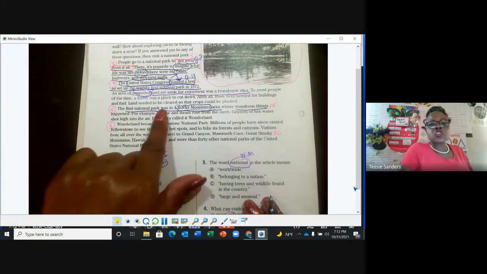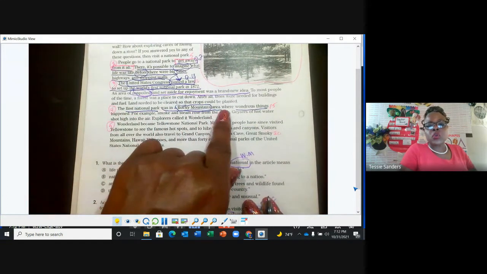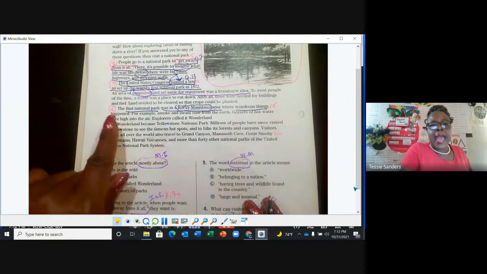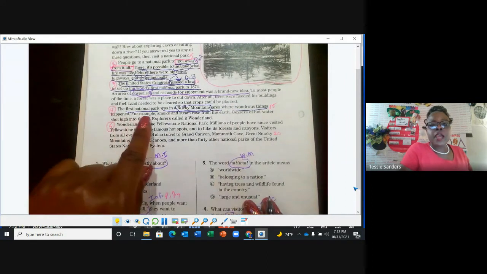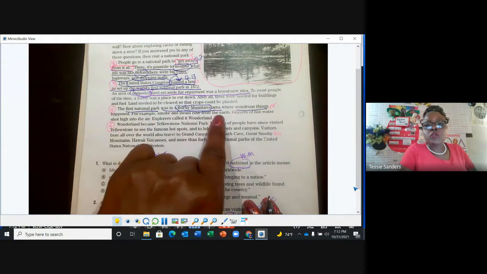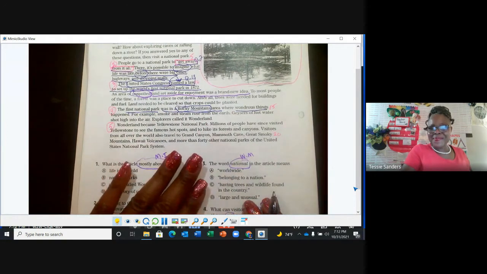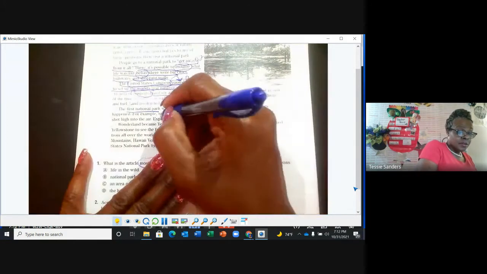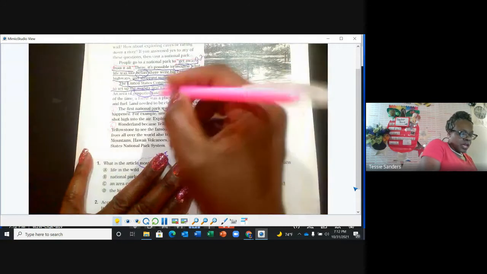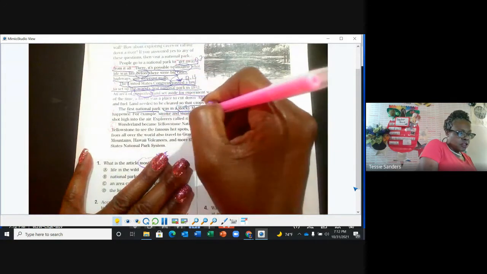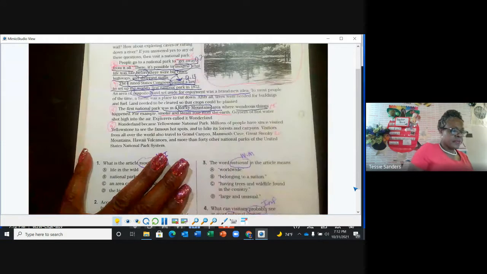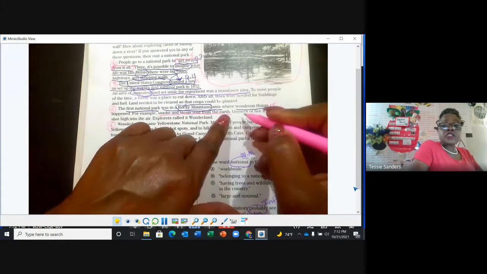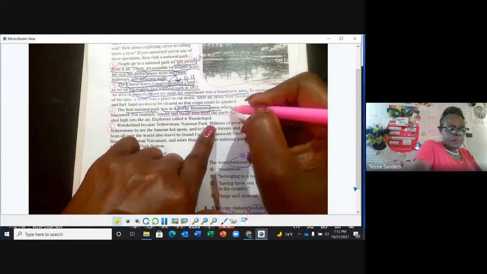Let me reread that. The first national park was a Rocky Mountains area where wondrous things happened. For example, smoke and steam rose from the earth. Ooh, I'm feeling good about this one. We have a question. Smoke and steam rose from the earth. Geysers. So put a box around this.